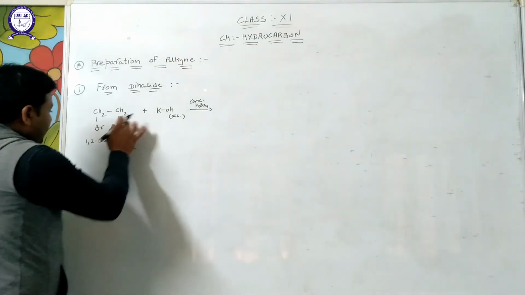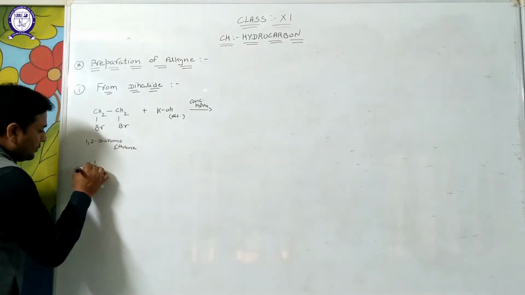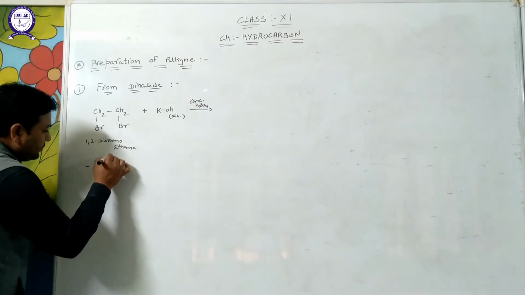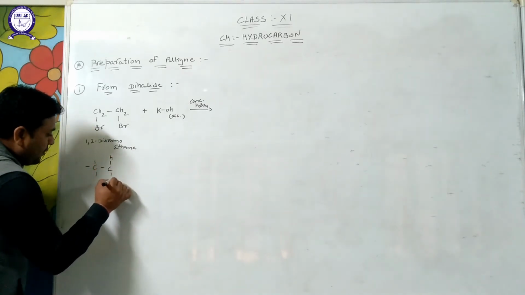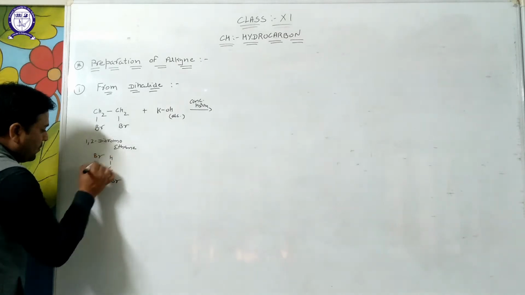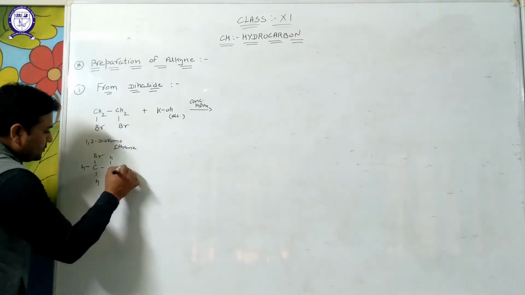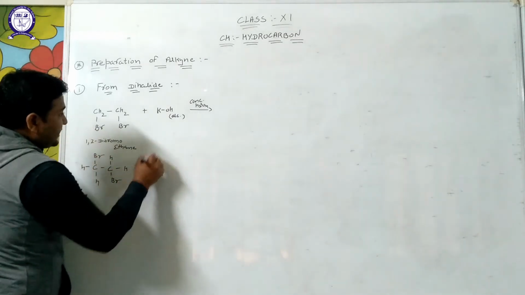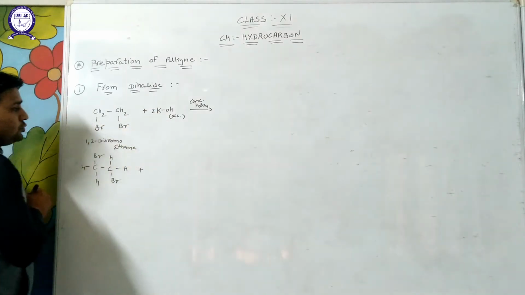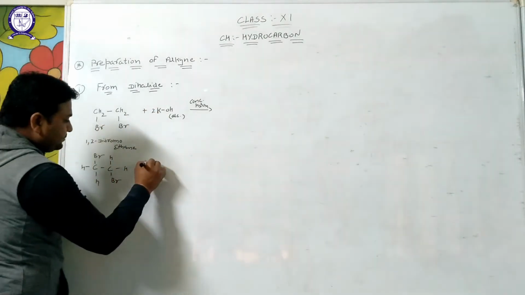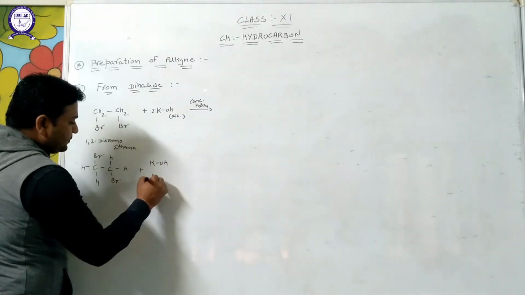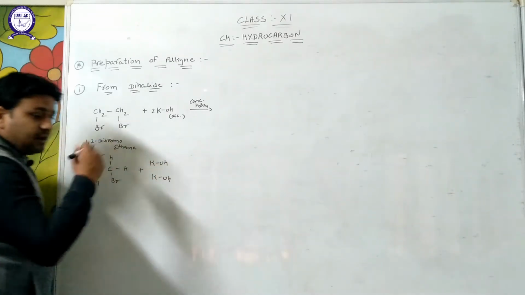Clear? Expand this molecule. It reacts with, suppose, 2 moles of alcoholic KOH, one KOH and another KOH.